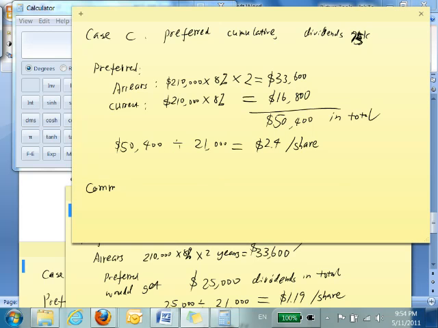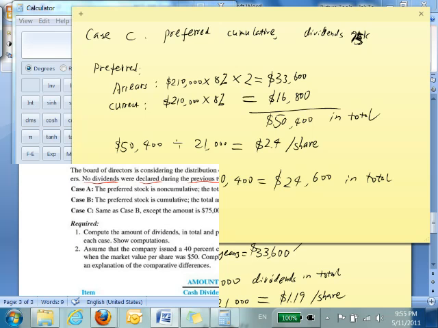For common stockholders, they take the remaining part. So 75,000 minus 50,400, and we get $24,600 in total. On a per share basis, 24,600 divided by how many shares?